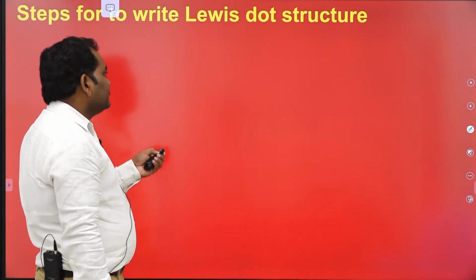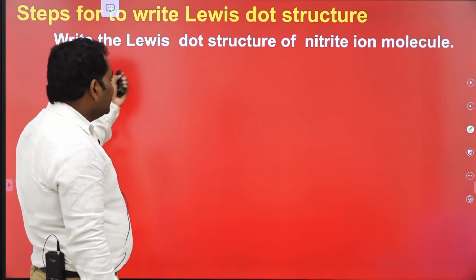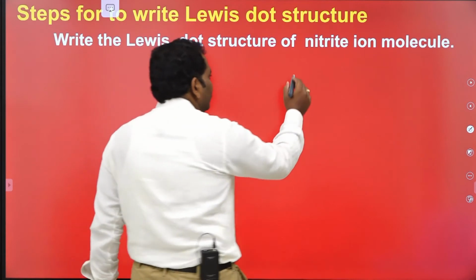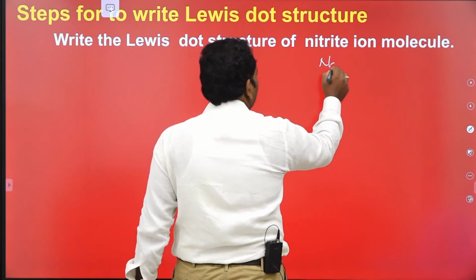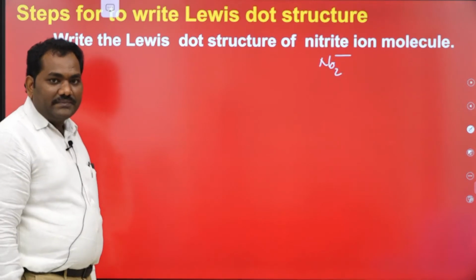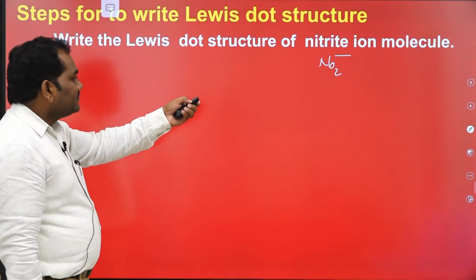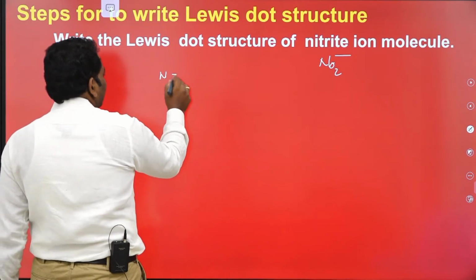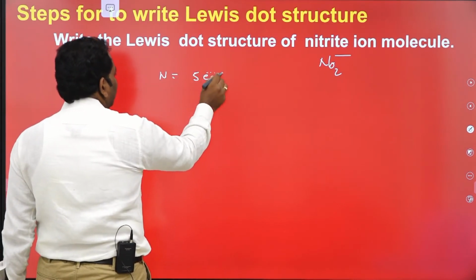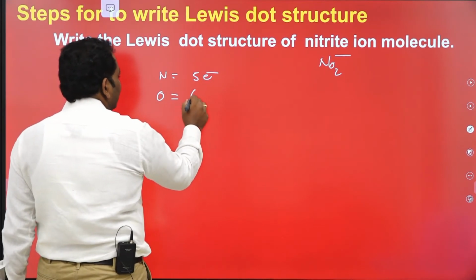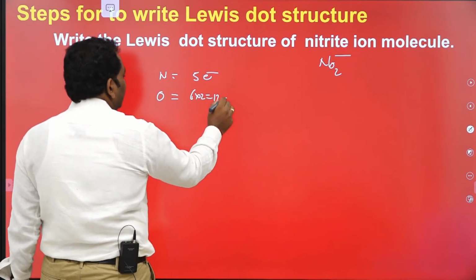The next one is to write the Lewis dot structure of the nitrate ion. Nitrate ion means NO2 minus. Here, as already calculated, nitrogen contains 5 electrons and each oxygen atom has 6 electrons, 6 into 2 is equal to 12 electrons.